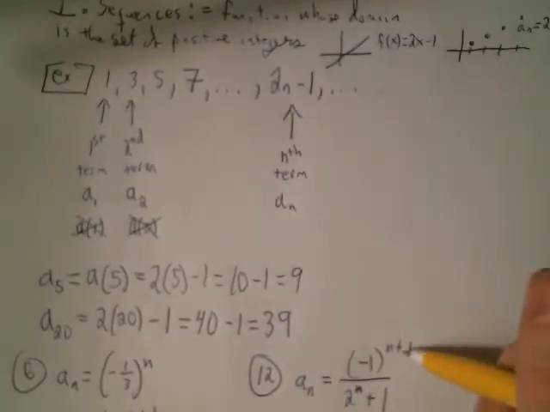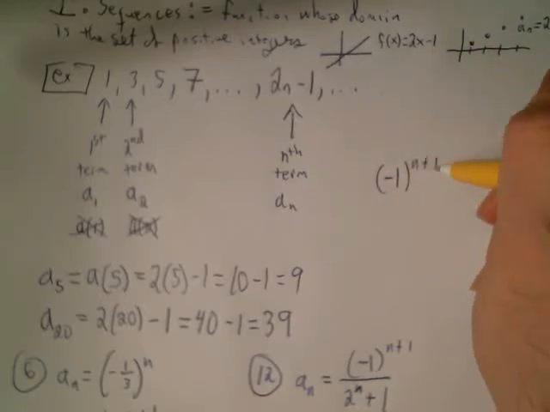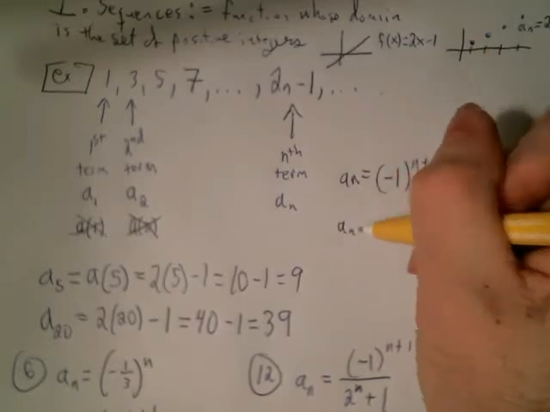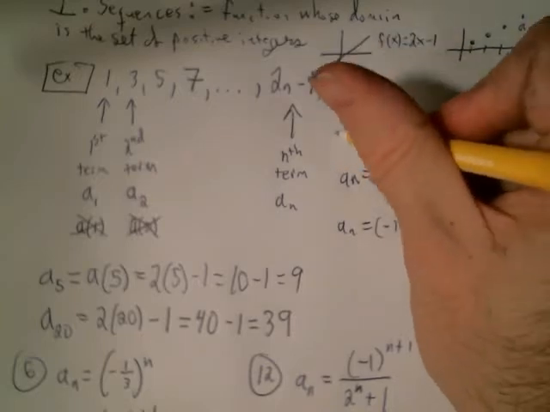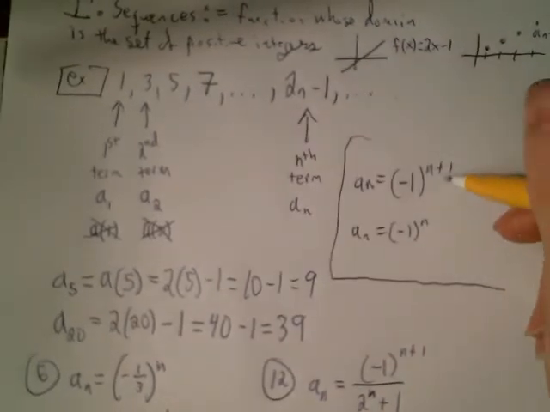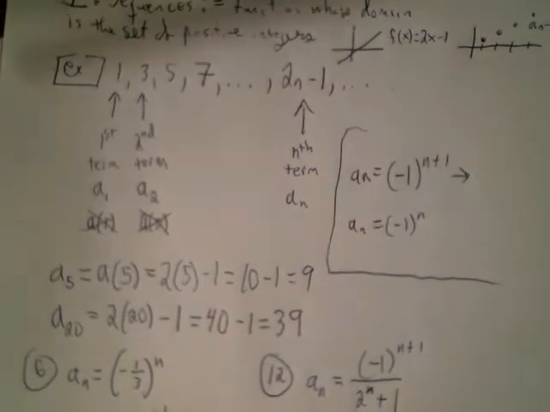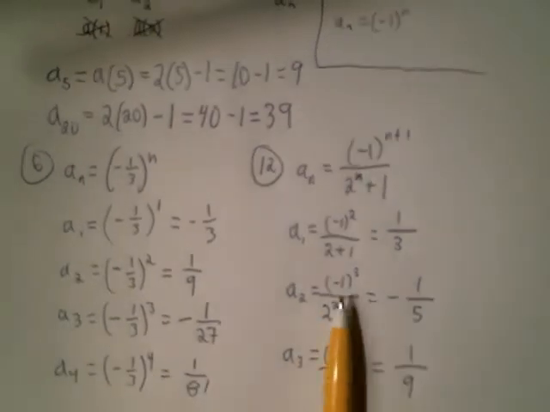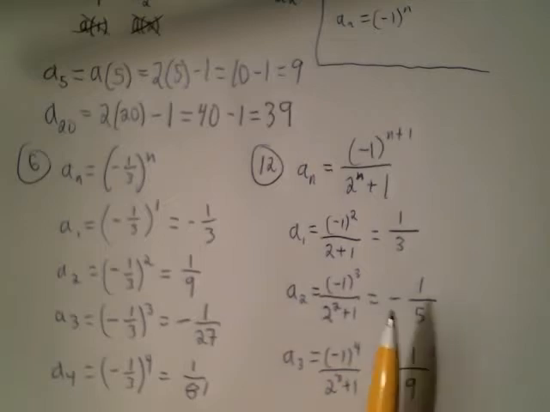So you can have the negative 1 to the n plus 1, but you can also have this other guy, a sub n equals negative 1 to the n. And the dealio is, if you see this negative 1 to the n plus 1, it's going to cause the even terms to be negative. So down here you can see a sub 2, the even guy is negative, whereas the odd ones will be positive.